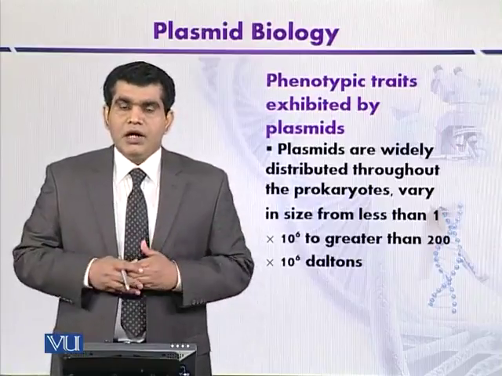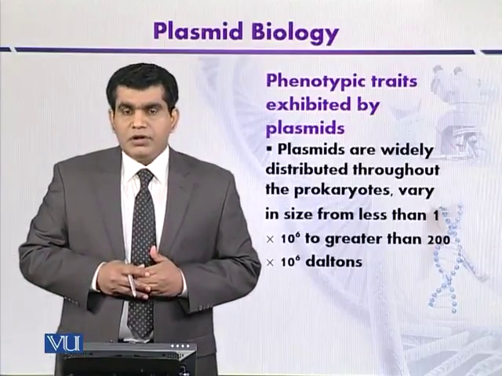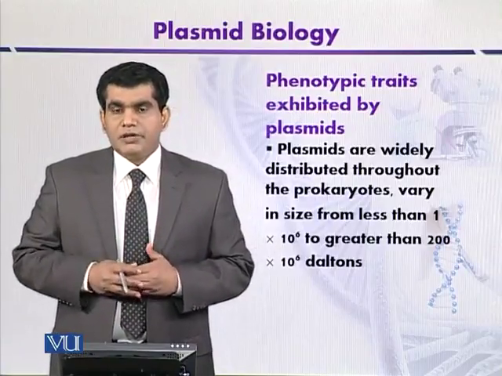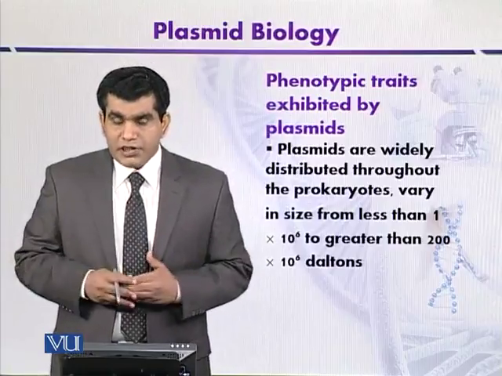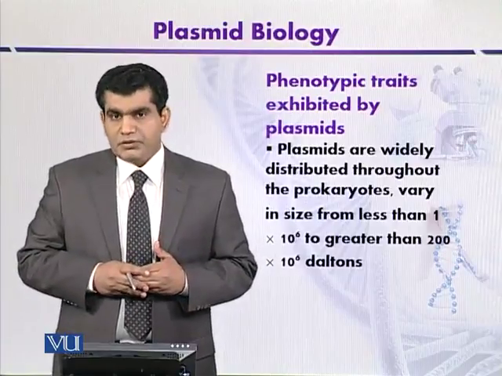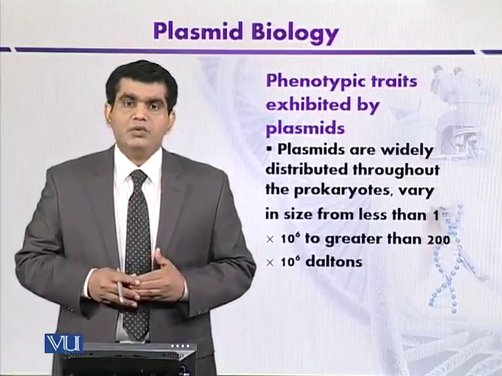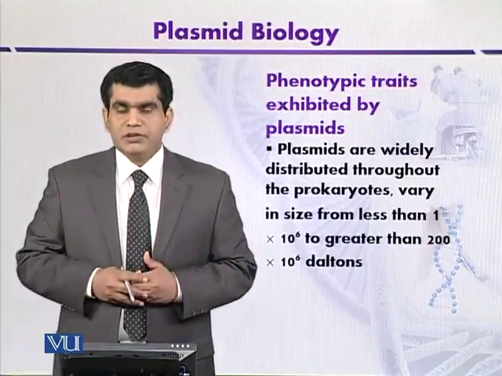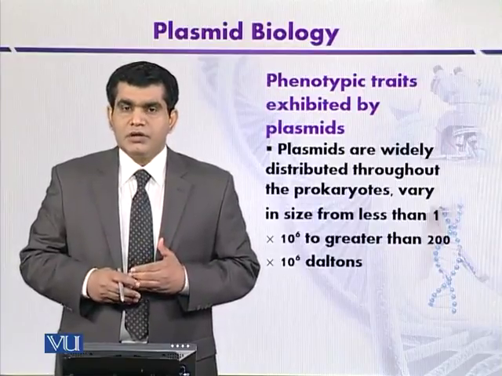And another important mechanism that is encoded by plasmids is host controlled restriction and modification that we discussed in the last chapter, that some methylase enzymes or endonuclease enzymes can also be produced by certain plasmids.